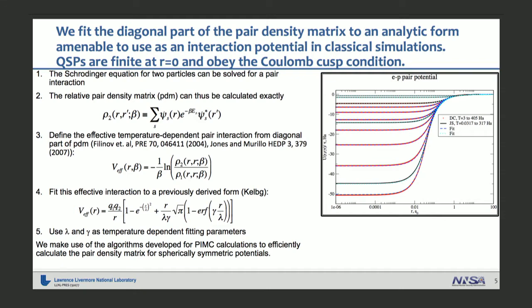What we did was take that form and fit the statistical potentials we calculated from the pair density matrix to it, using the thermal de Broglie wavelength and this parameter gamma that Kelbg had in his equation as fitting parameters. This gives you something that you can easily implement in a molecular dynamics code, and this is one form of the so-called Kelbg potential that we used for the work that Lauren talked about earlier.